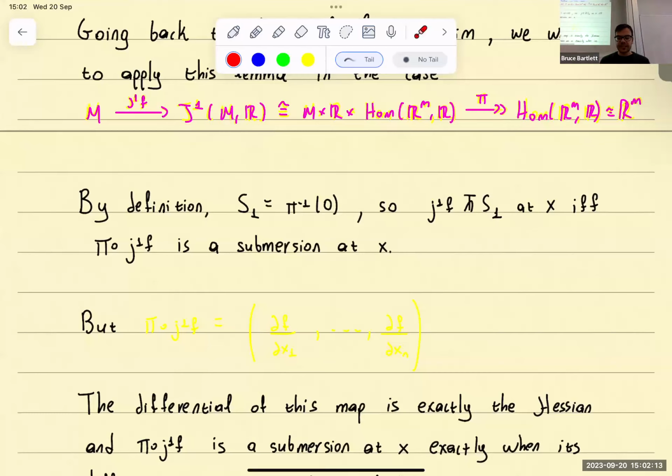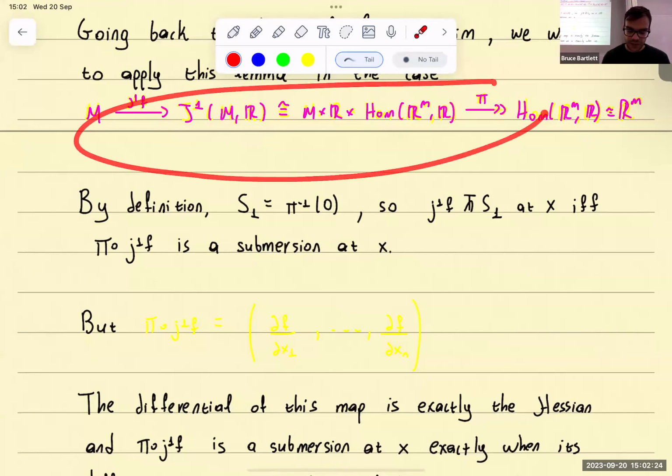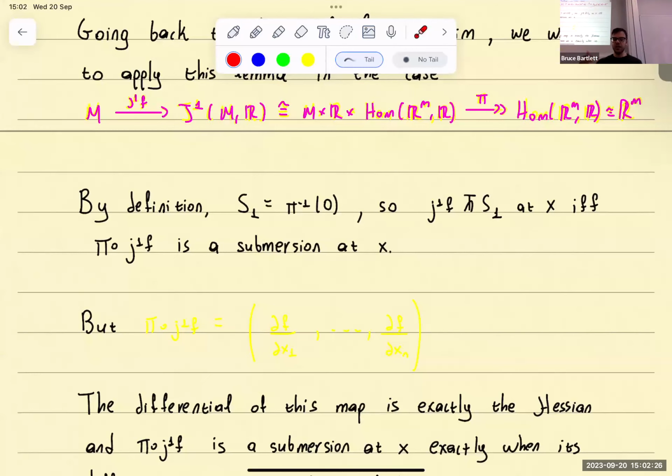So what this lemma says is that J1F intersects S1 transversally at X if and only if the composite pi with J1F is a submersion at X. That's what the lemma we just proved says in this setup.